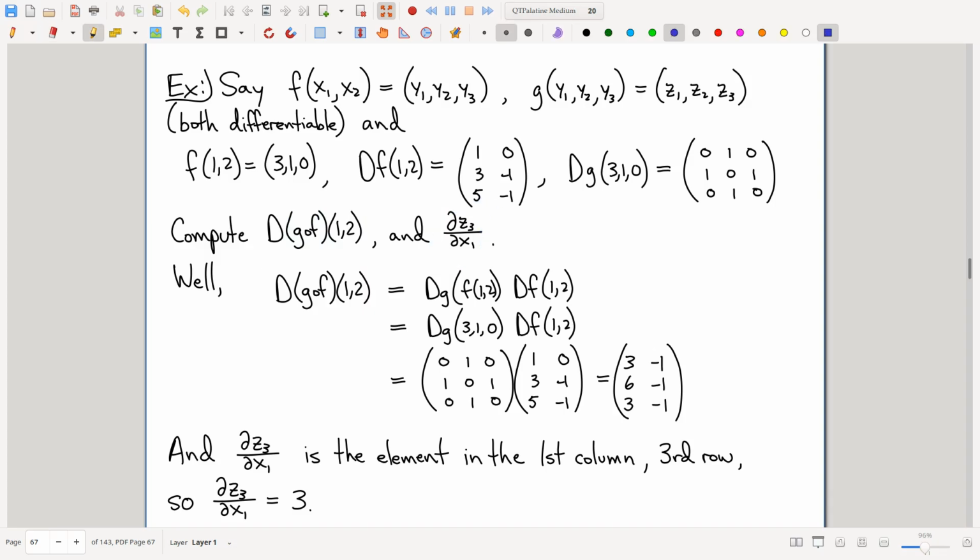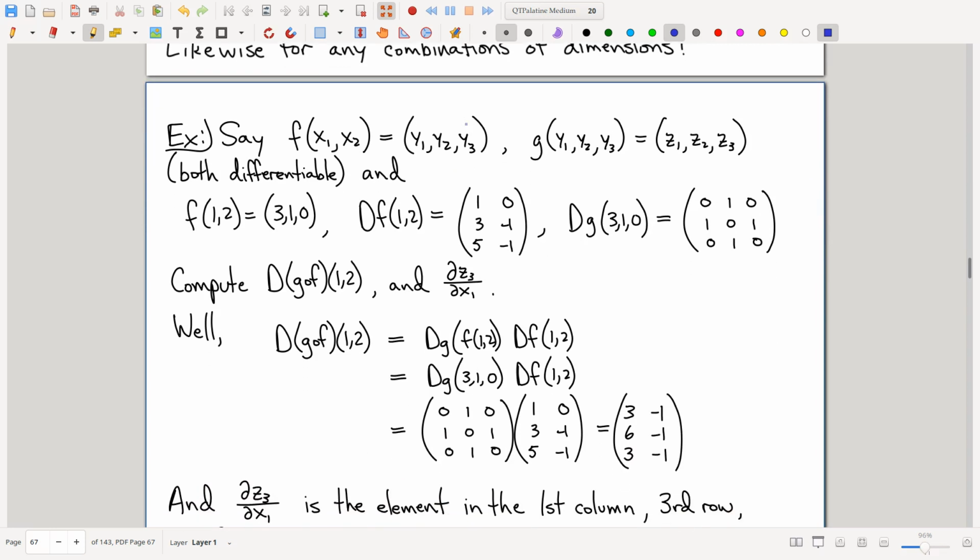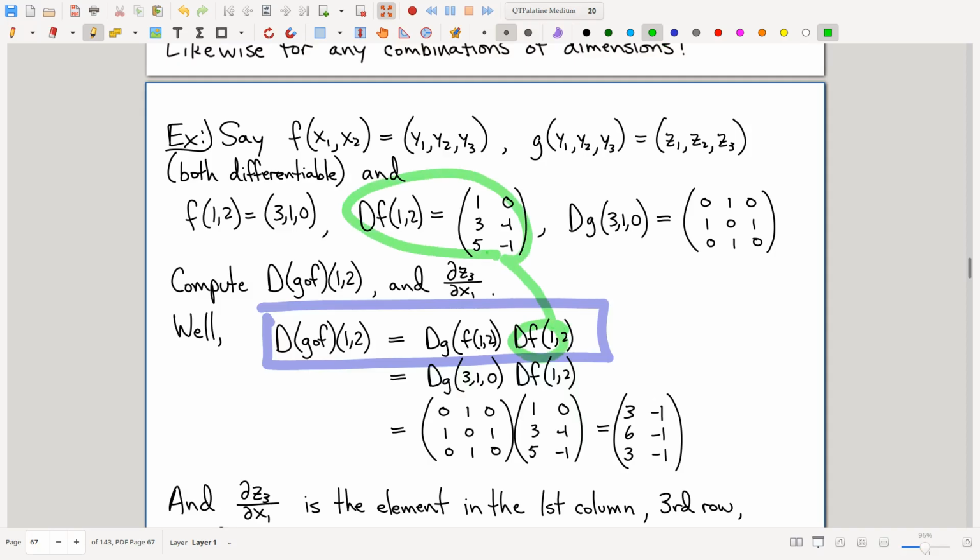So let's see here. We are going to just straight up use this right here. It's our multivariable chain rule. I'm just going to steal that explicitly right there. Okay, well, let's see here. I need the DF matrix at the point 1, 2. Sweet. Given. Awesome. I need the DG matrix at the point F of 1, 2.